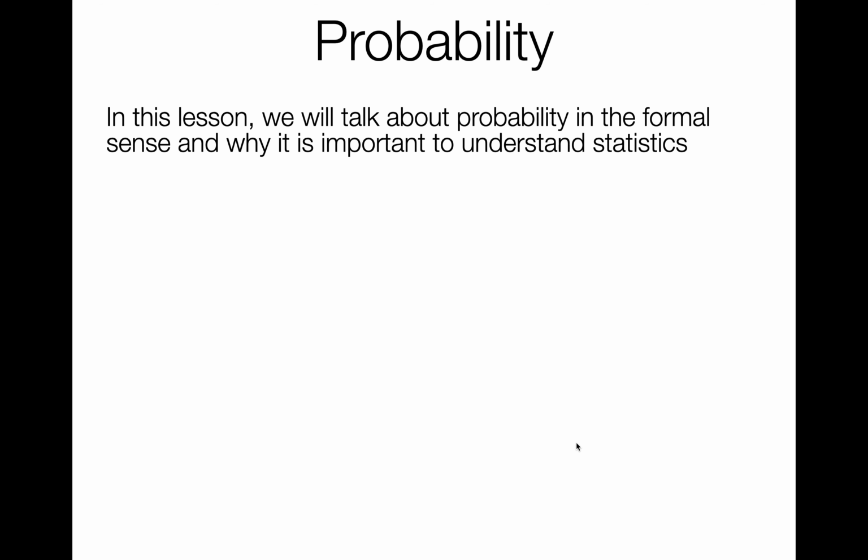And so the terminology that we usually use is that we use probability to quantify randomness. If I were to play a game that involved flipping a coin, I don't know the outcome of the coin flip, so I don't know what's going to happen.